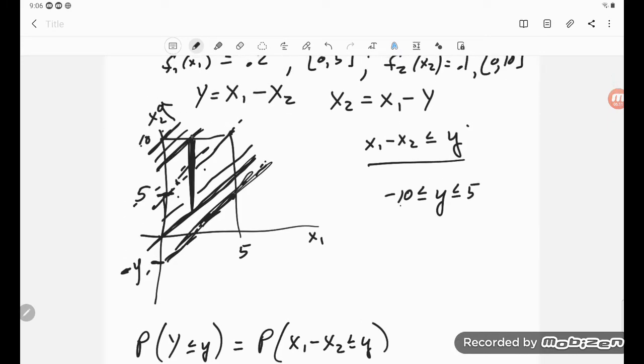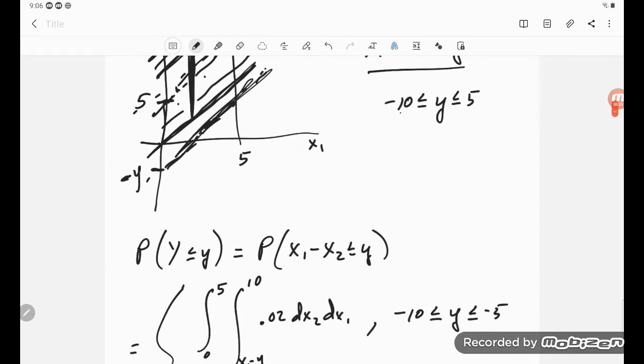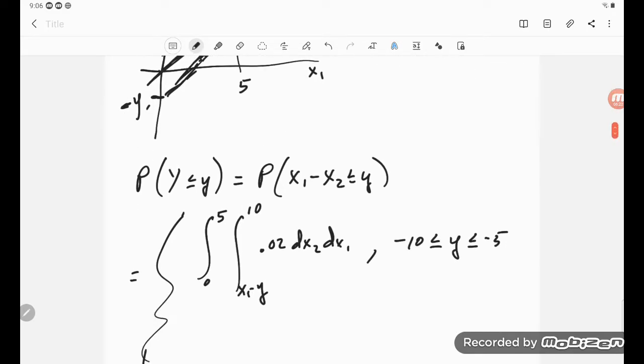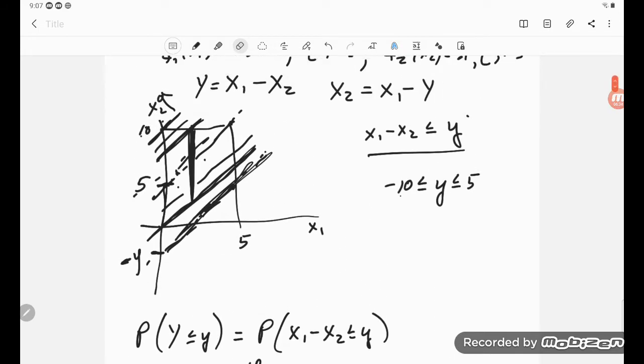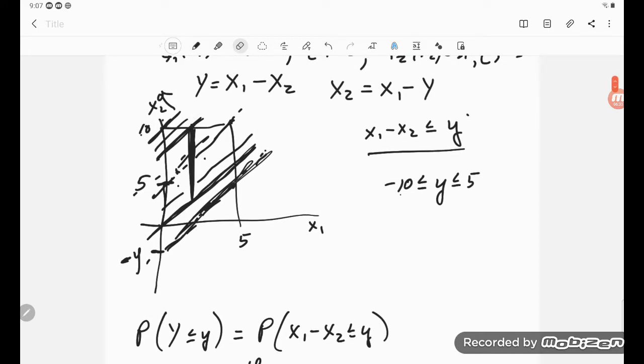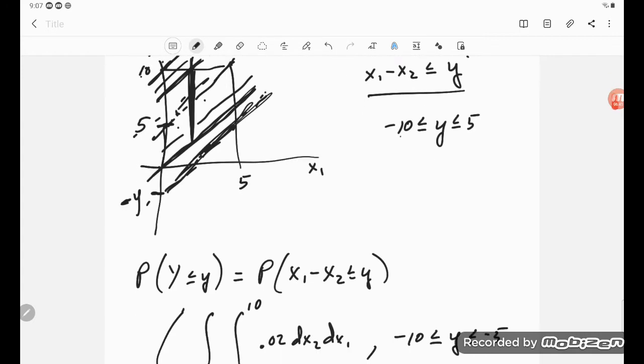These lines, the x1 does not go all the way to 5, so I messed that up. Let me fix that. So the inner part's fine, but the outer part, where is this? So this is getting really messy in here.